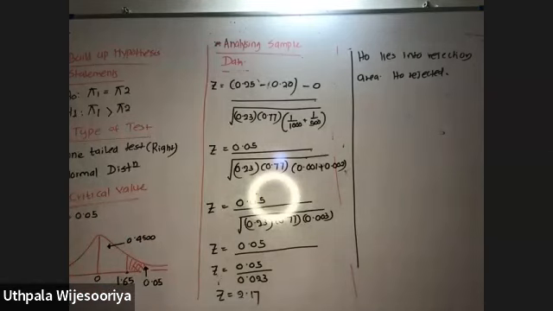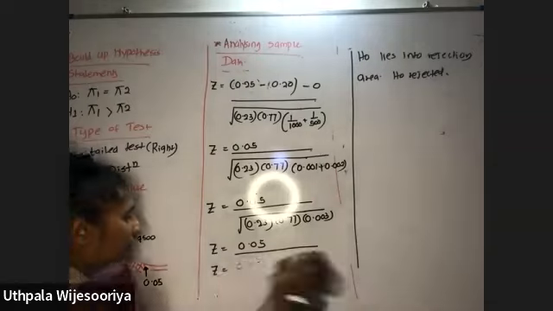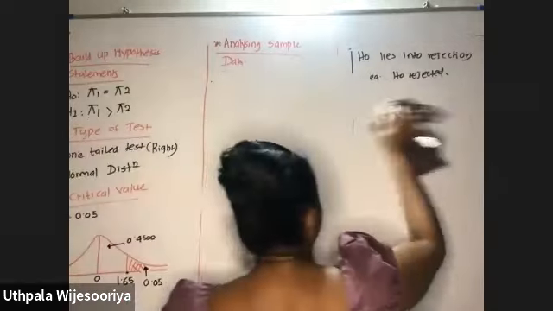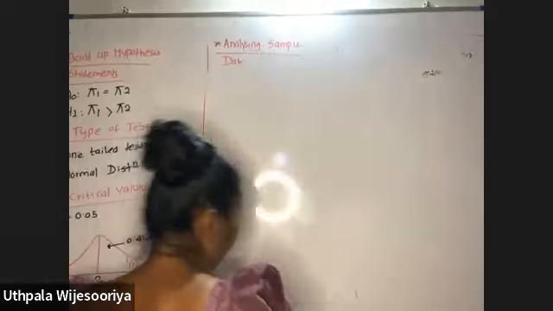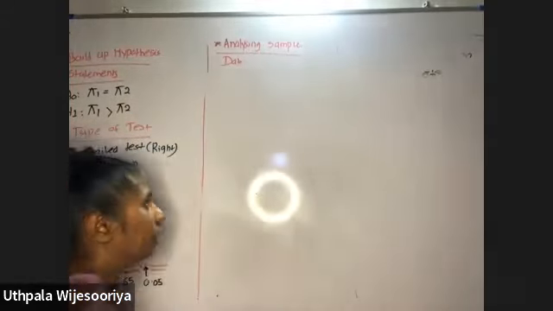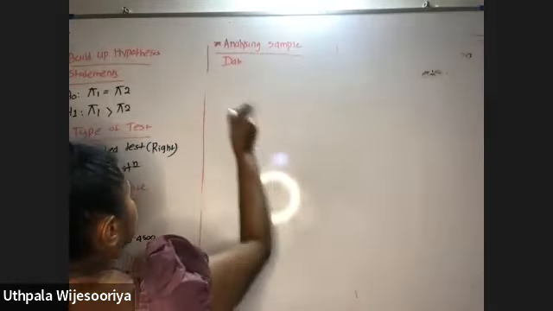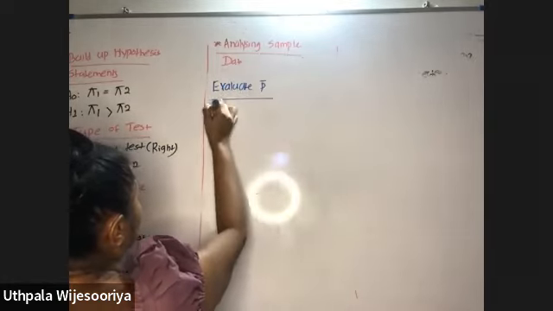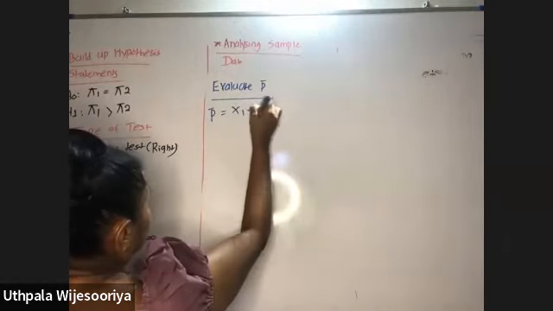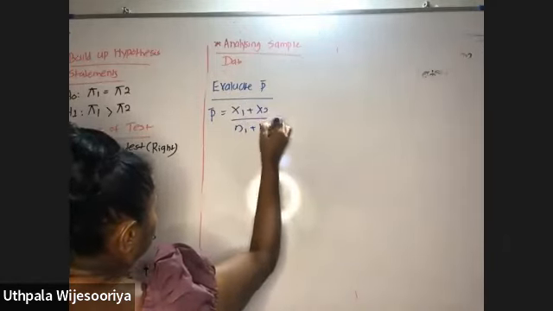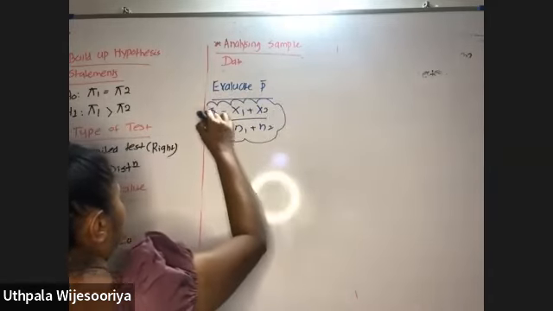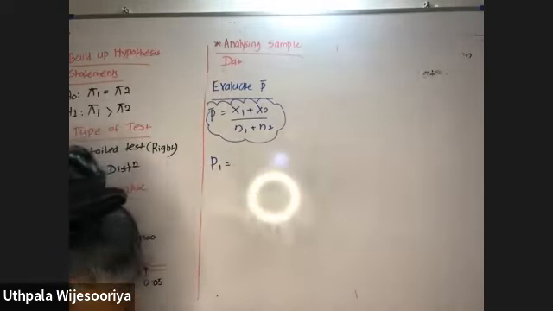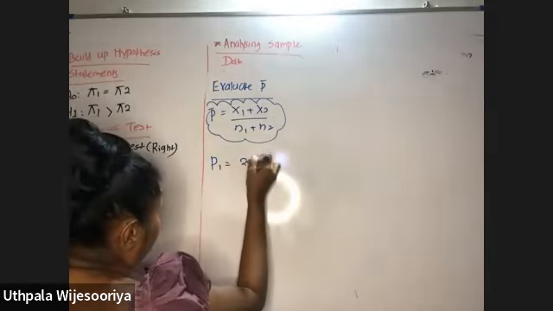Analyzing sample data. Evaluate P bar. First let's look at P bar, which is N1 plus N2 in the denominator. Let P1 be Colombo district, the proportion is 240 out of 500.